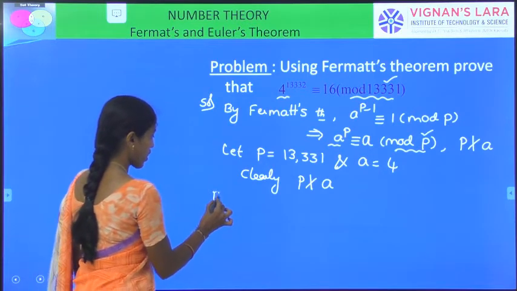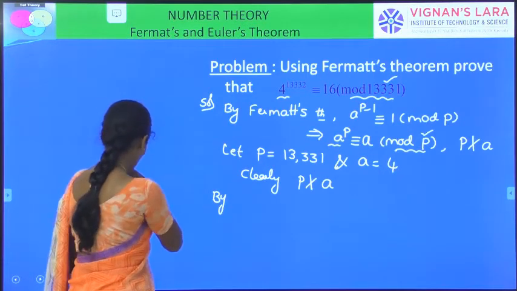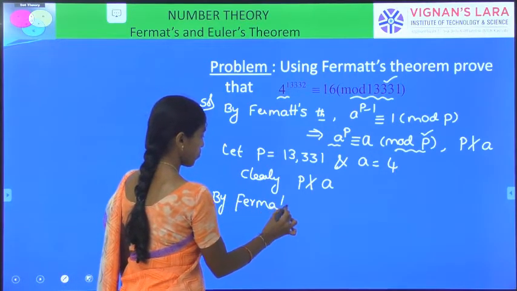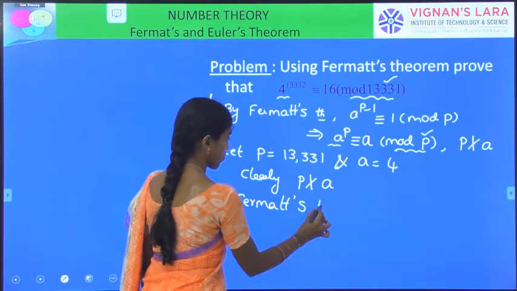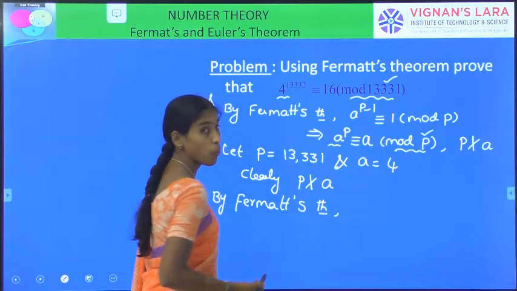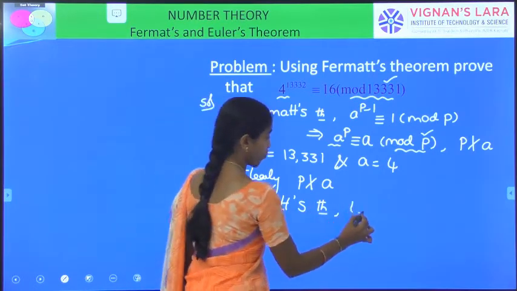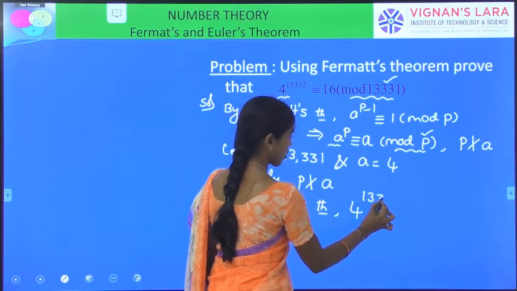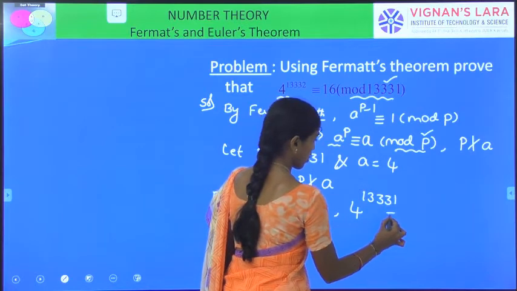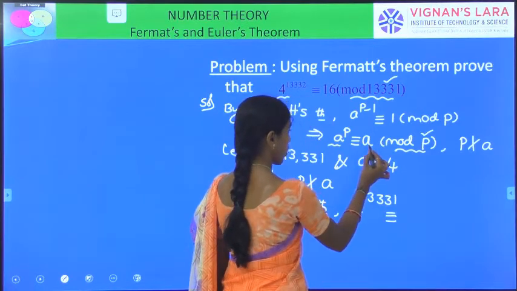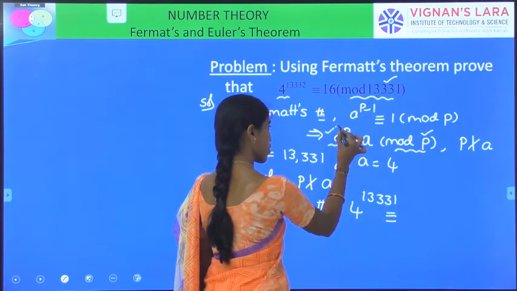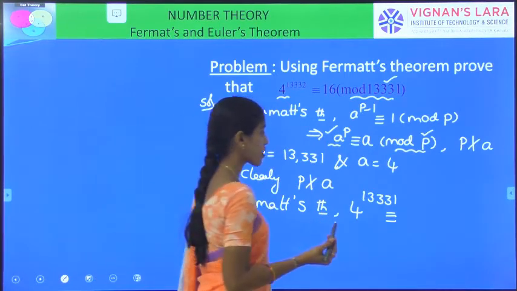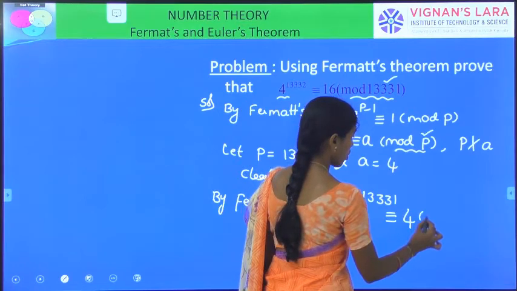We can write it as, by Fermat's theorem, A is 4, to the power P, P is 13,331, is congruent to, here I am using the second statement, congruent to A mod P. What is the A value? A is 4.